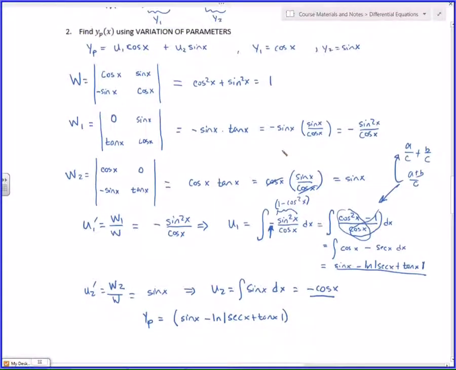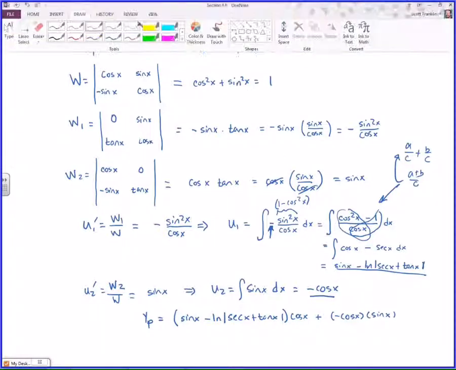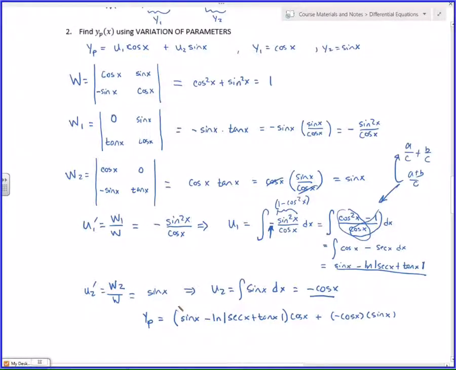So u1 y1 is my u1 times cosine of x, plus my u2, which is negative cosine of x, times y2, which was sine of x. So u1 y1 plus u2 y2.